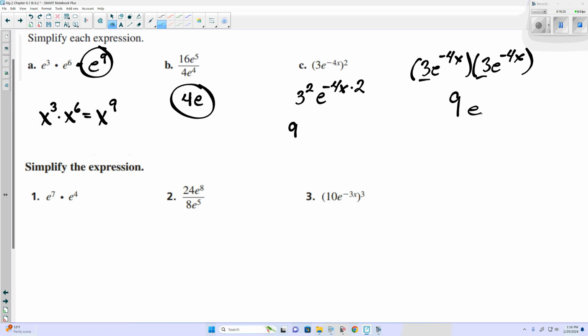e to the negative 4x times e to the negative 4x. Whenever we multiply like bases, we add the exponents, yes? So it'd be negative 4x plus negative 4x. If we multiply, the negative 4x times 2 is negative 8x.